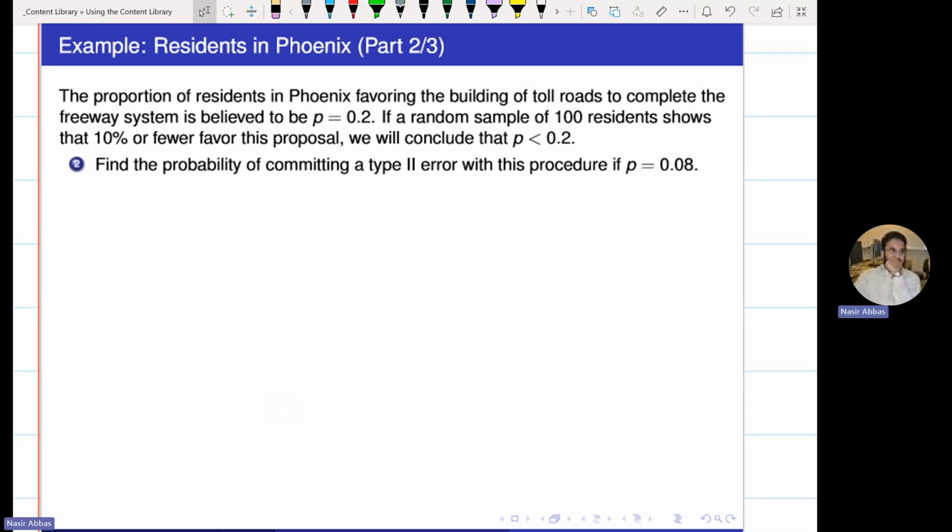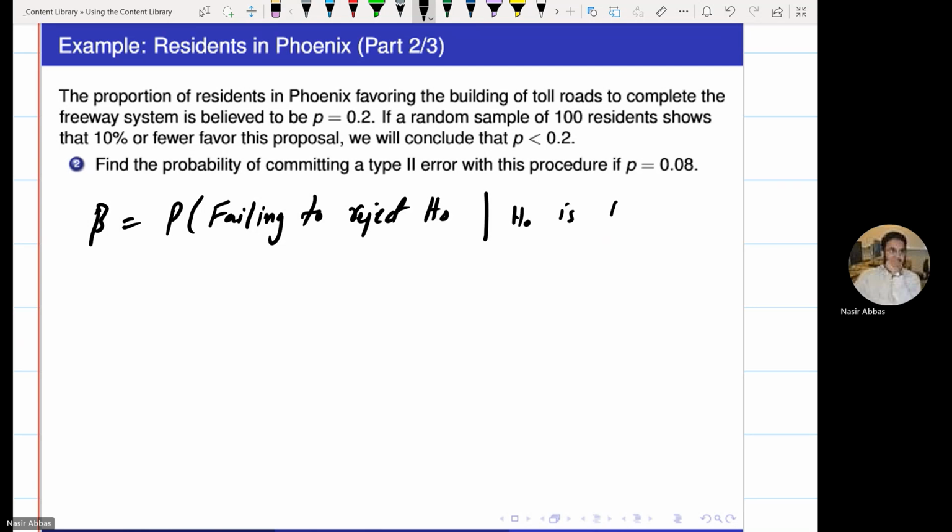Let's solve another one here. The same question, but here they are asking you to find the probability of type 2 error if the true value of P is 0.08. So what is the expression for beta? Again, we need to know the expression for beta and some knowledge from chapters 4 and 7. Beta is the probability of failing to reject H0 given H0 is false.